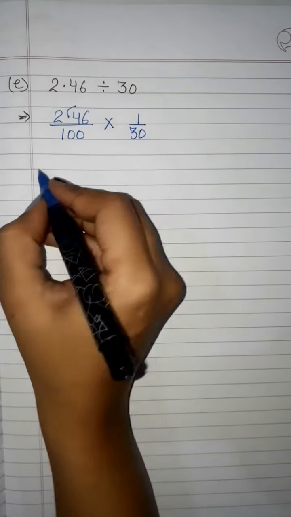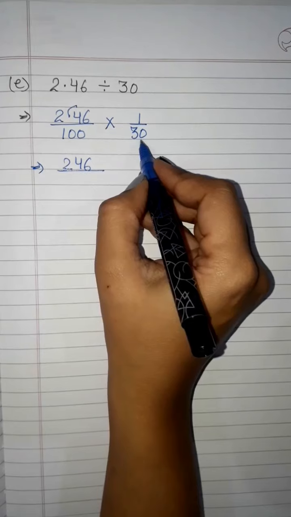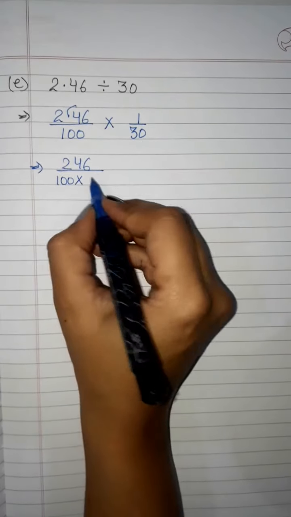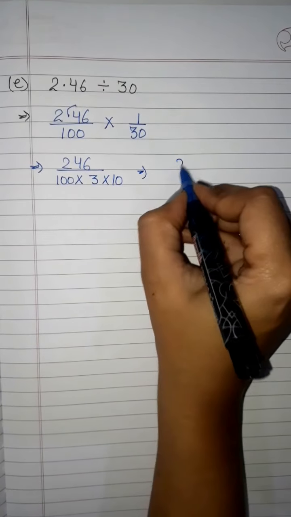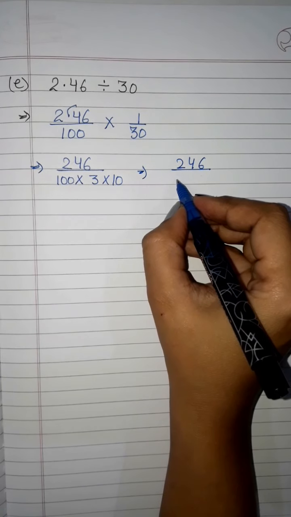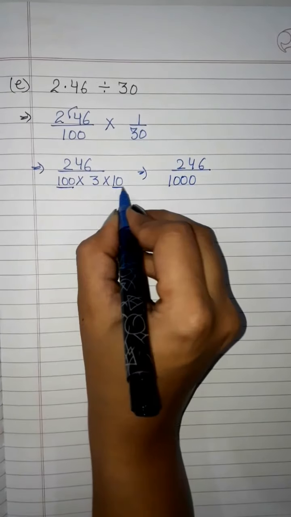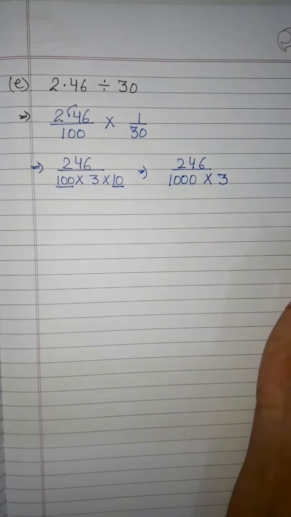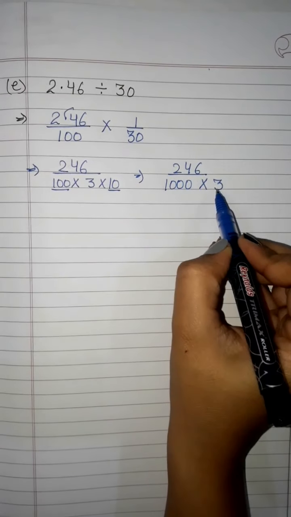Now children, 246 by, you can expand this. 100 into, how can you write this? 30 is 3 into 10. So 246 in the denominator, what will you write? 1000. This 10 I have multiplied into 3. Now we can divide this 246 by 3 first.